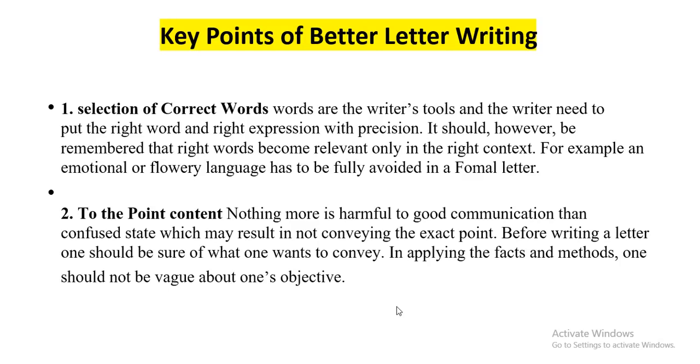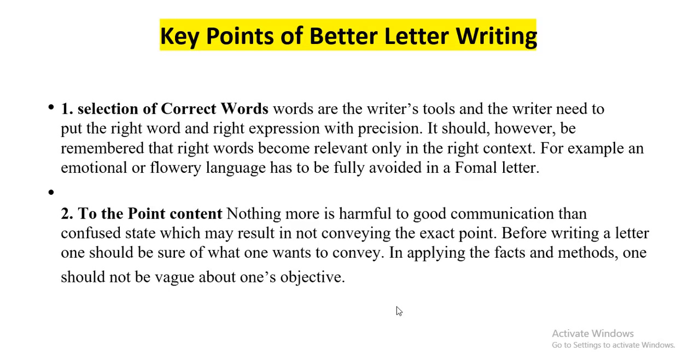Second point of better letter writing: to the point content. Nothing is more harmful to good communication than a confused state which may result in not conveying the exact point. Before writing a letter, one should be sure of what one wants to convey. For example, you want to write an application to the principal of your college.